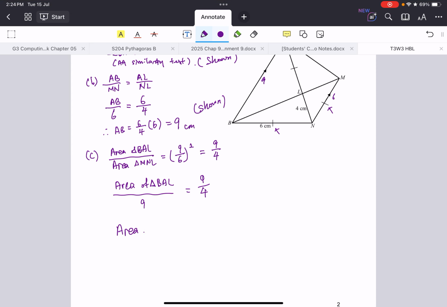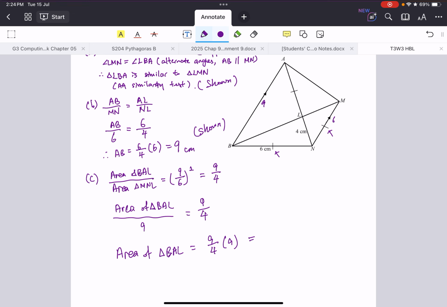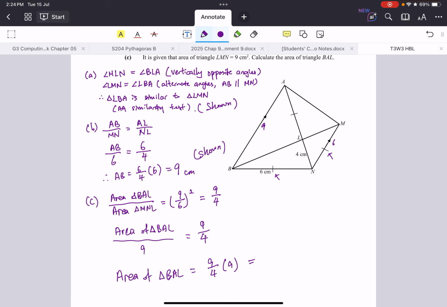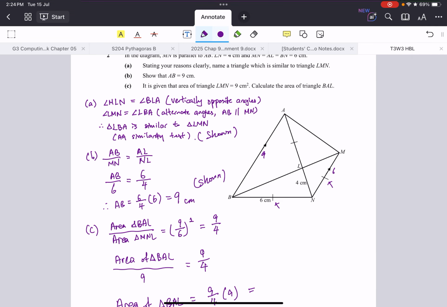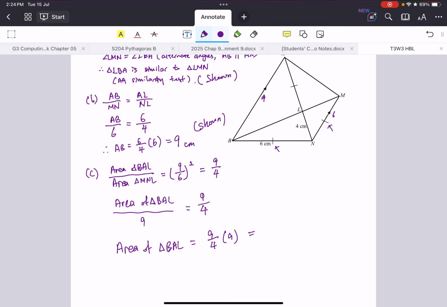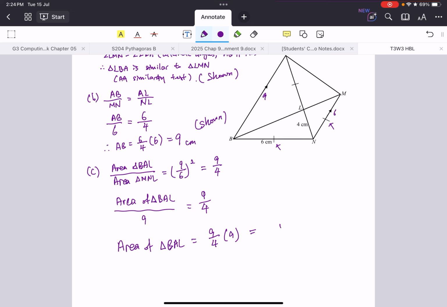Therefore, the area of triangle BAL will be equals to 9 over 4 multiplied by 9, which is equals to, using my calculator, A1 is 20 and a quarter.